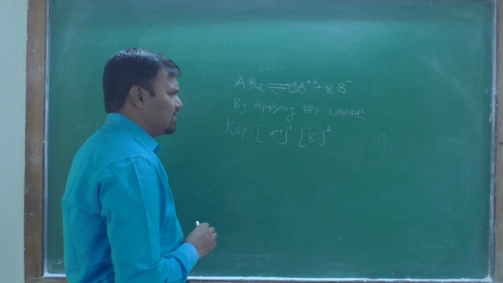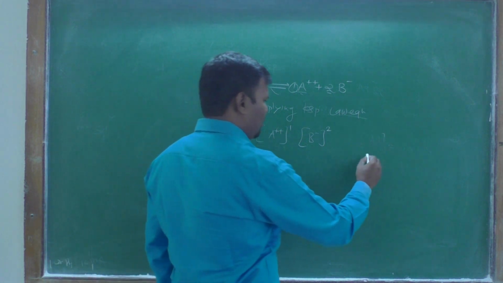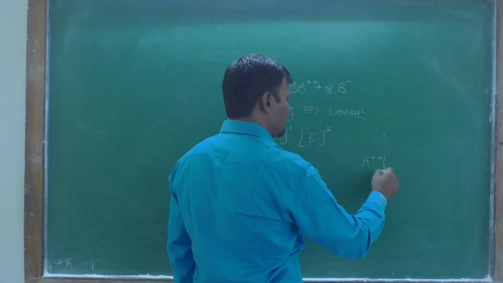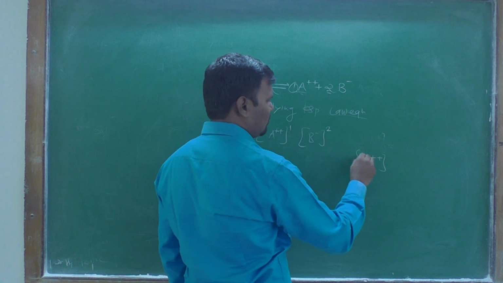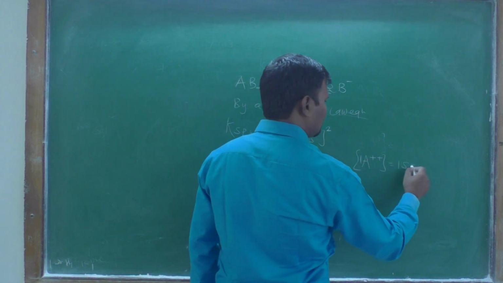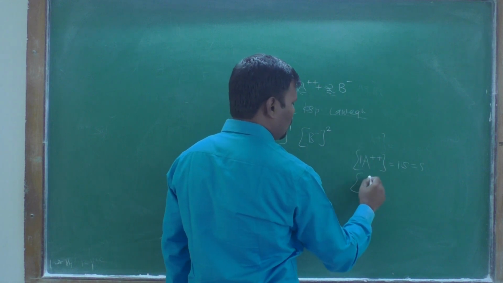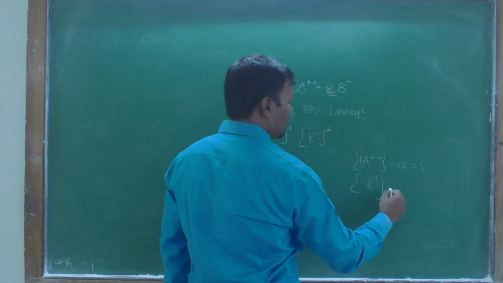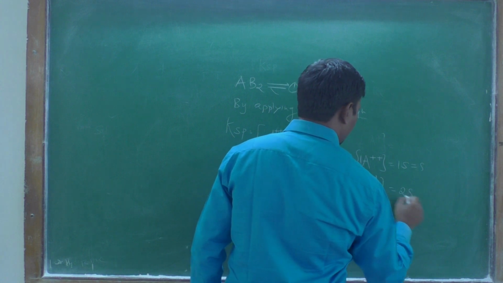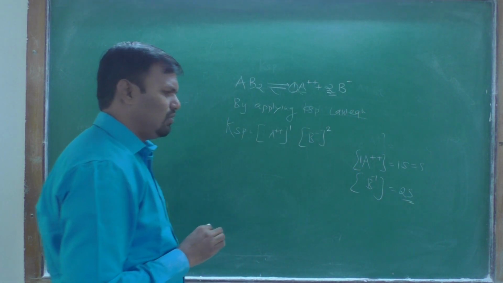This is our Ksp. The solubility for A++ ions will be given as 1 into S, therefore S. For B-, it is having 2, therefore it is 2S.